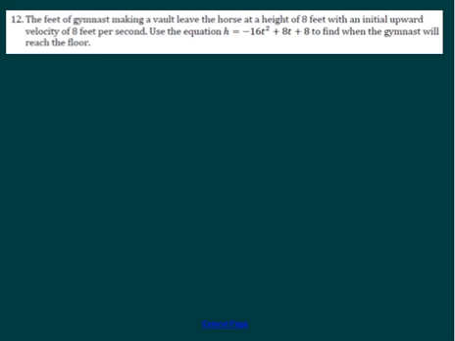So let's do this. This one's going to be a nice easy problem, because I could read this whole problem, but I know that it asks me when the gymnast will reach the floor. That tells me that 0 equals negative 16t squared plus 8t plus 8.